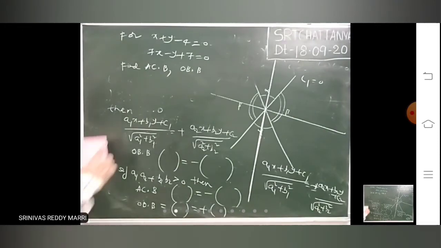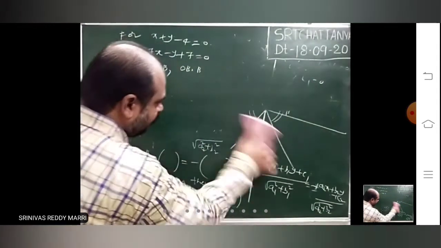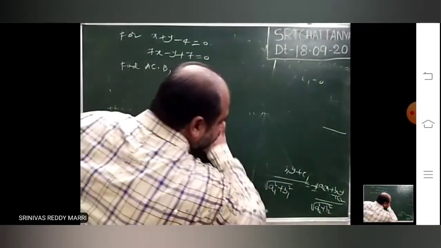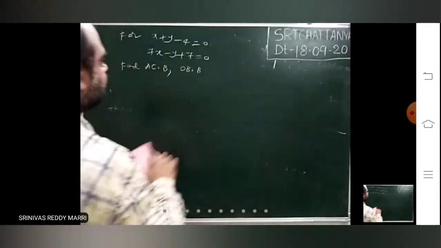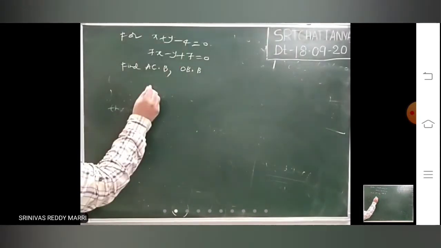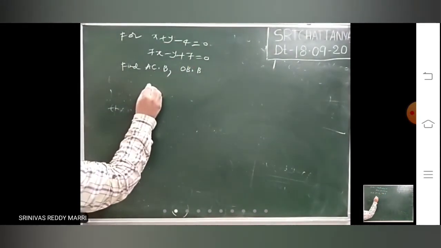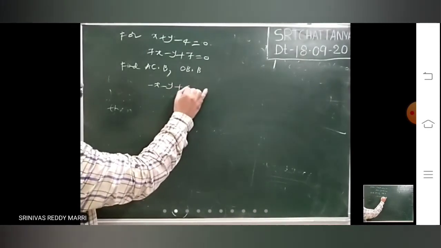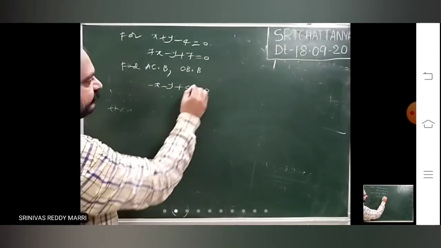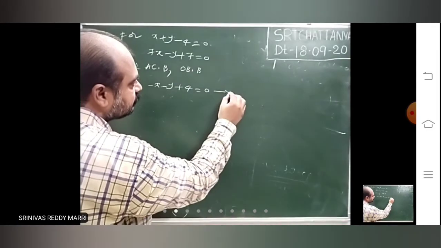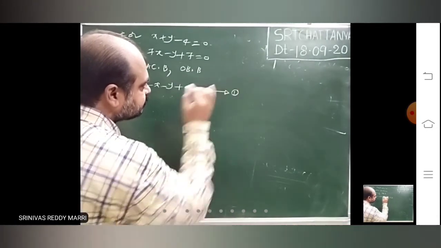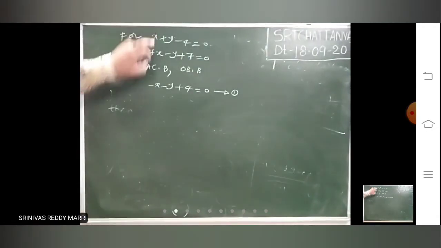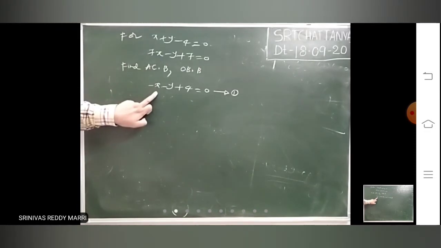Look at how to do it. First make the constant positive by multiplying with minus. Constant is negative, now multiply with minus. This line and this line are same.